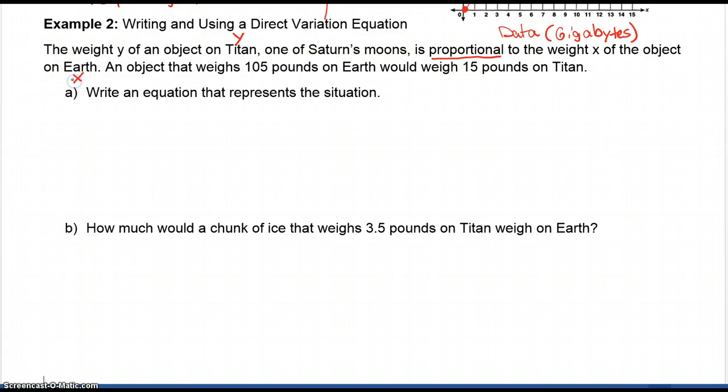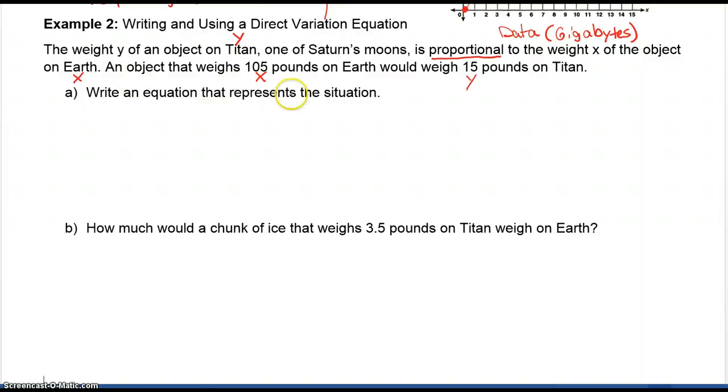So Earth is going to be the x. An object that weighs 105 pounds on Earth, so Earth was x, I'm going to label an x by that, would weigh 15 pounds on Titan. Titan was y, I will label a y by that. So like I said, either read the problem through once and then go back and label, or start labeling as you go, whatever works for you.